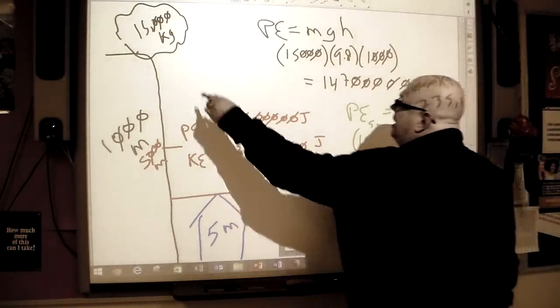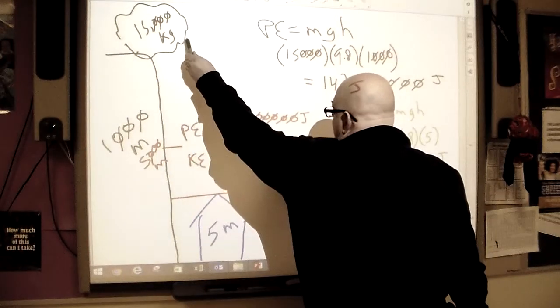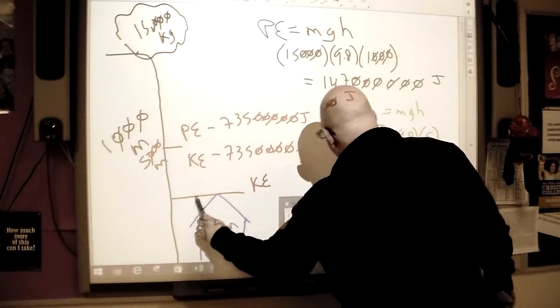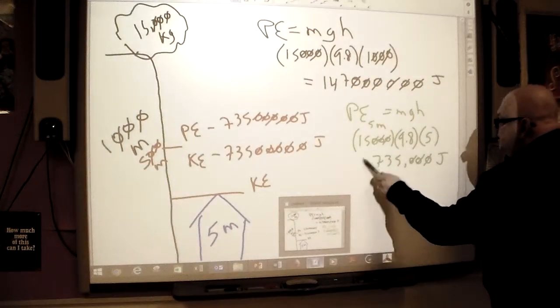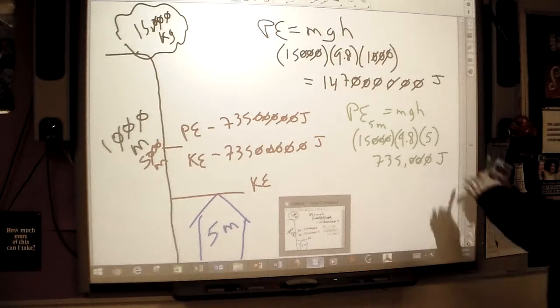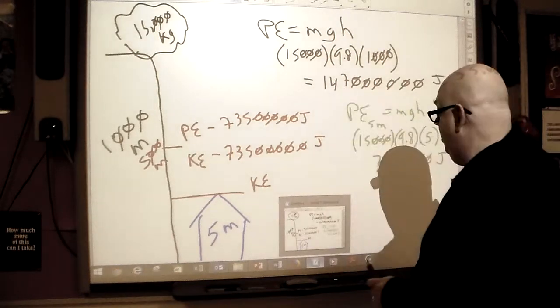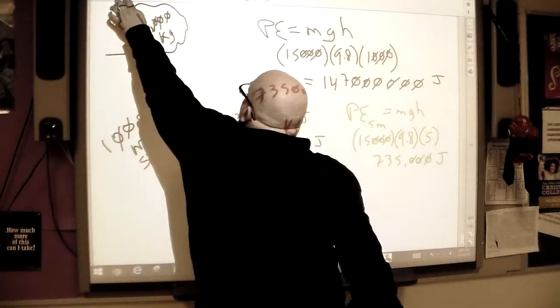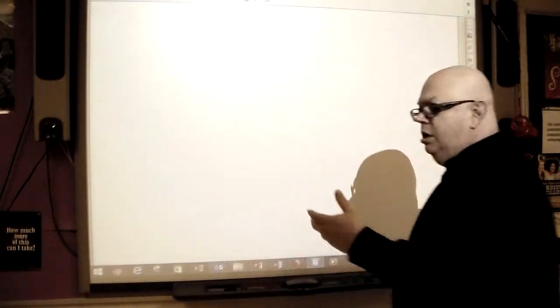So by the time it gets to the 5 meter mark, this is how much potential energy is left. That's not a lot compared to what we were starting with, right? So now let's do a subtraction.